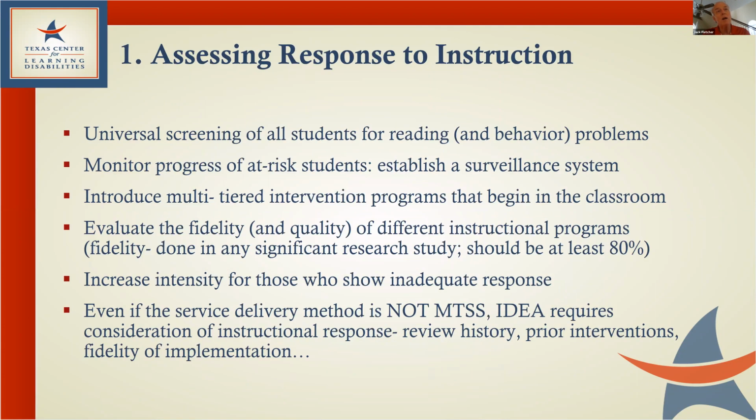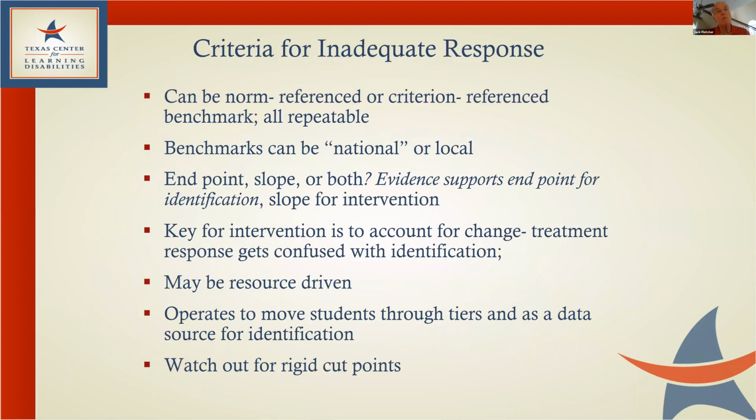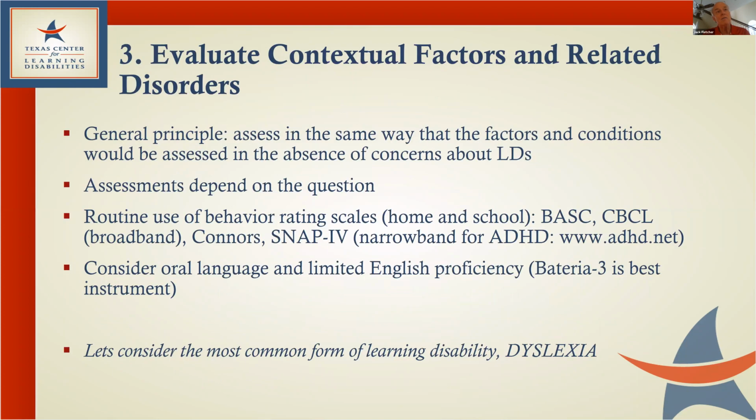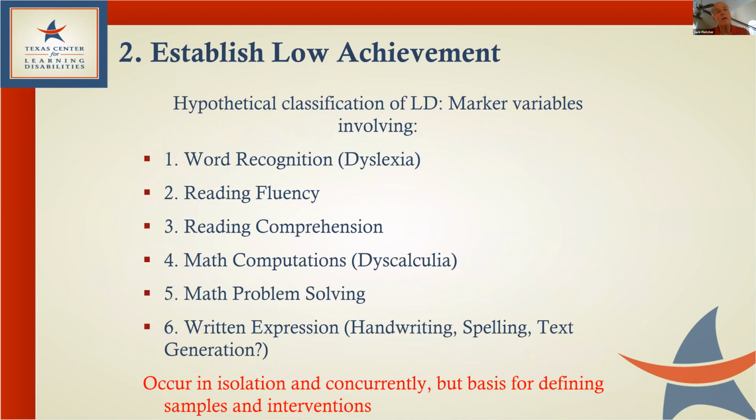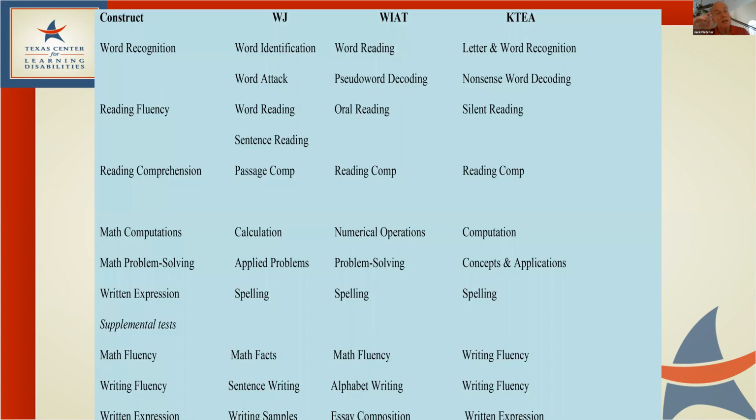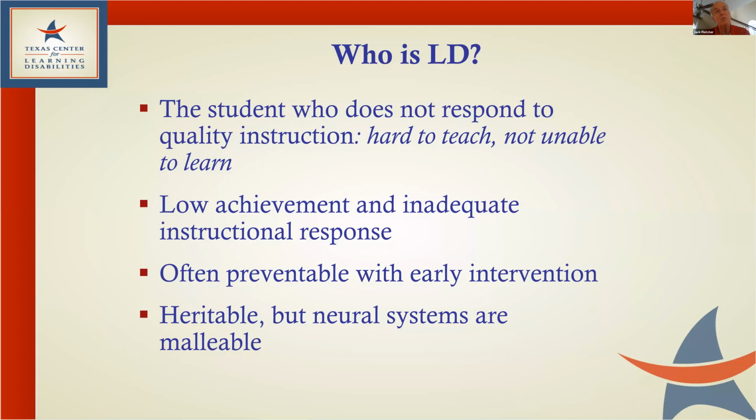I've given you guidelines for assessing response to instruction, for evaluating contextual factors, for establishing low achievement. And I draw your attention to this table, which talks about how to use norm reference tests to assess constructs that are most relevant. And this is what I do in my assessments.